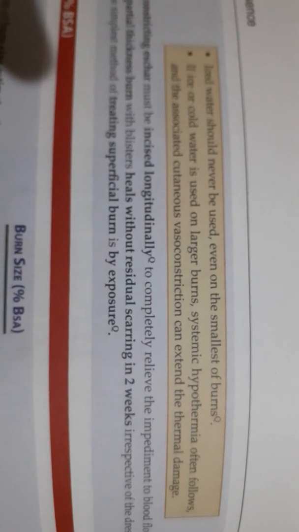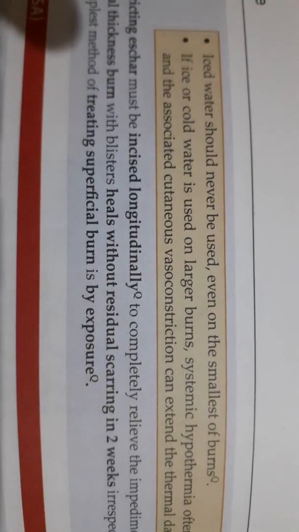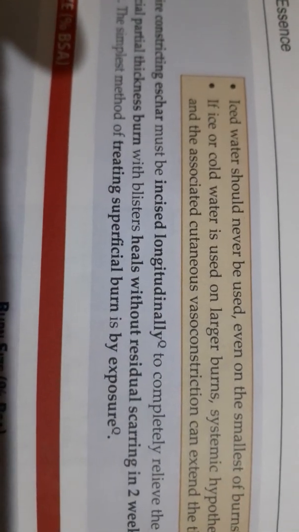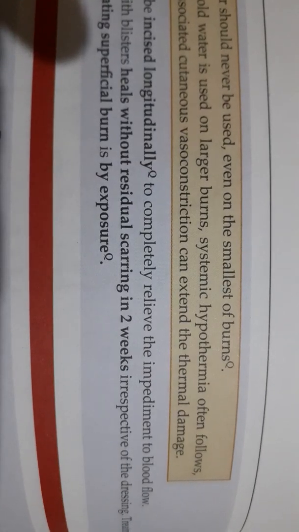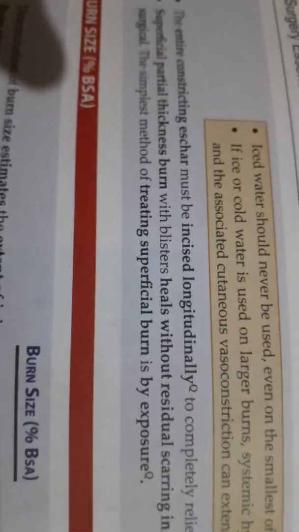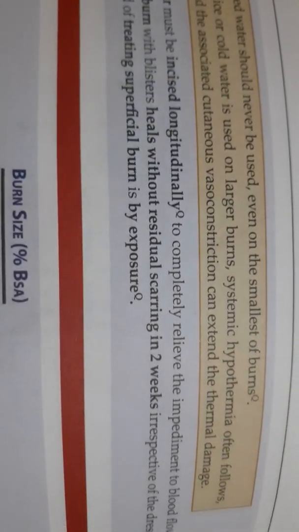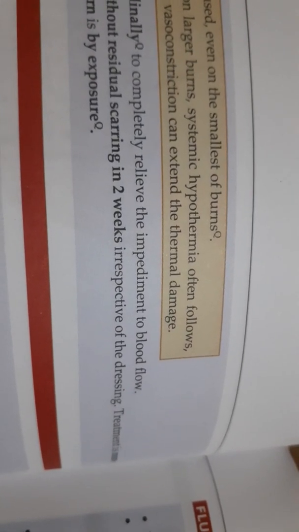Iced water should never be used, even on the smallest of burns. If ice and cold water are used on large burns, systemic hypothermia often follows, and the associated cutaneous vasoconstriction can extend the thermal damage. The entire constricting scar must be incised longitudinally to completely relieve the impediment to blood flow.